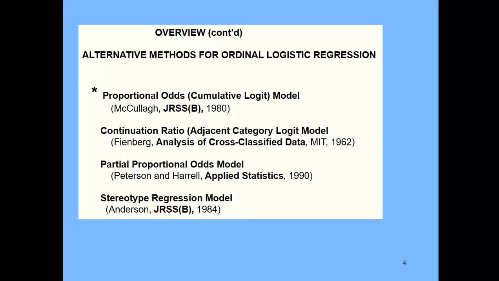Now, another way to say that is that if you're going to use SAS to do this ordinal logistic regression, then you have to be convinced, or satisfied, that you can use this model, the proportional odds model.